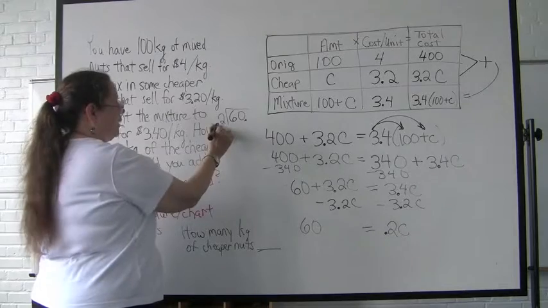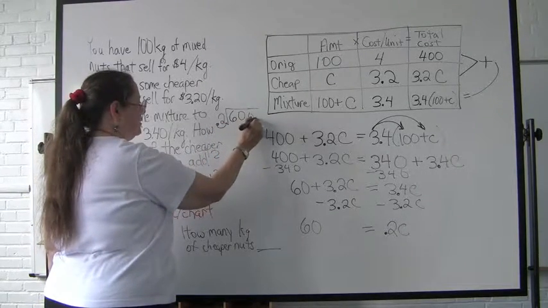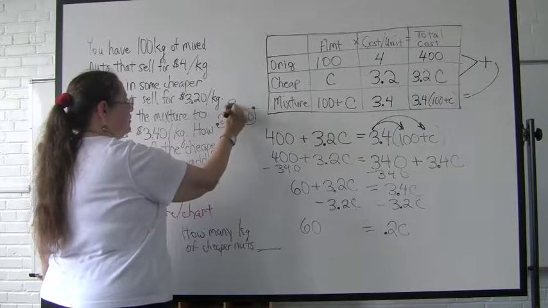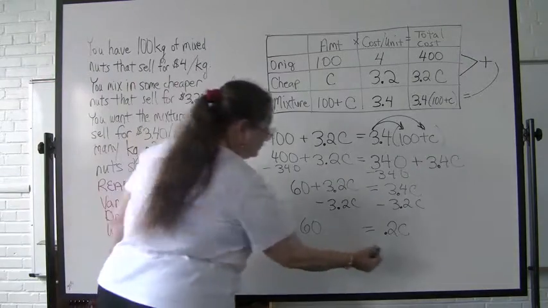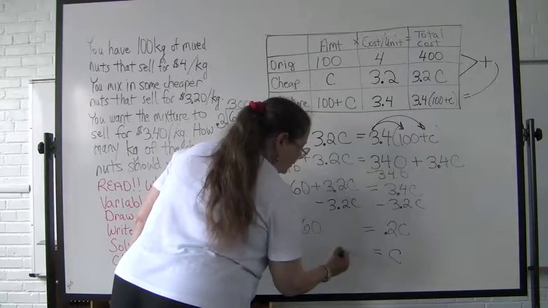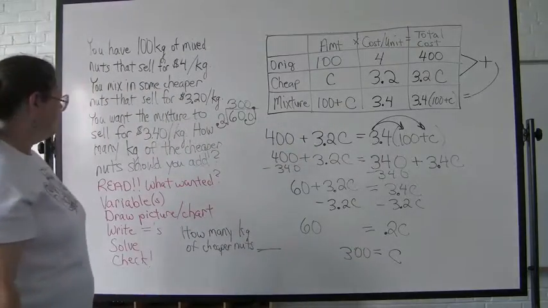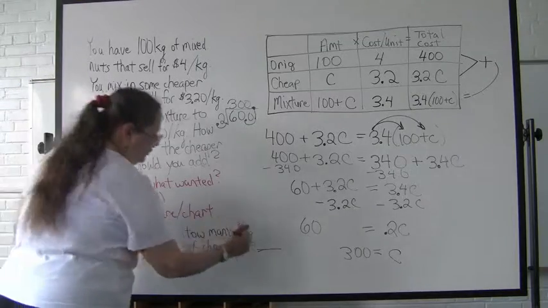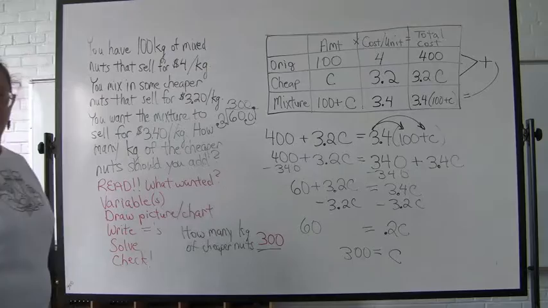This decimal moves 1, so I have to add a 0, move this decimal over 1, and up, and then I have 2 into 600. And my answer is C equals 300. Right? All right, so our answer that we were looking for should be 300 kilograms.